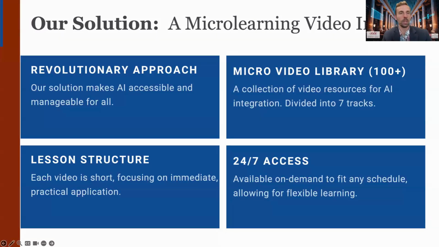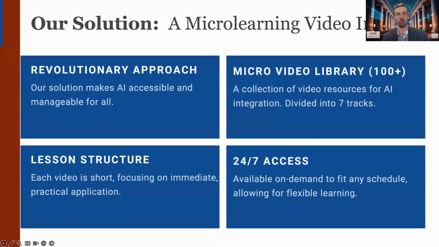All right, so this is then the AI Teaching Network. It's a micro-learning video initiative, making AI accessible and manageable for all of our faculty. We're building out this micro video library. Lee's going to get into some of the specifics, but our goal is to get the total number of videos up around 100.